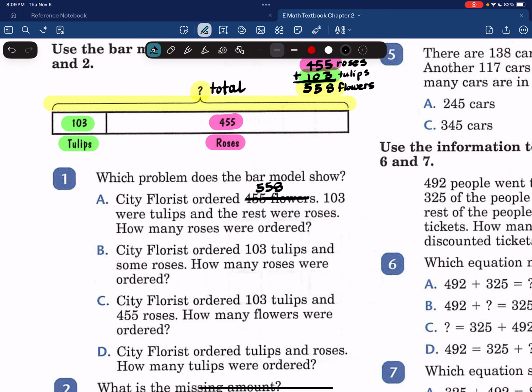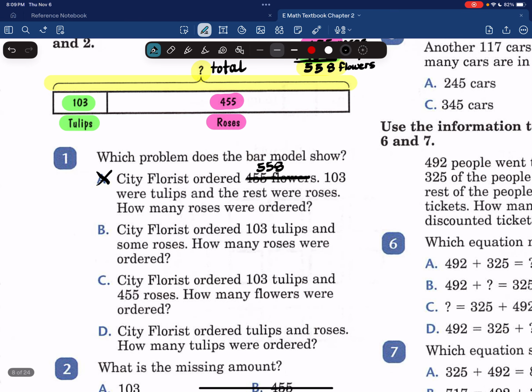So that's not the answer we want. City florist ordered 103 tulips. That's true. And some roses. Well, that would be question mark roses, and we know the number of roses. So that is not the story we're looking for.